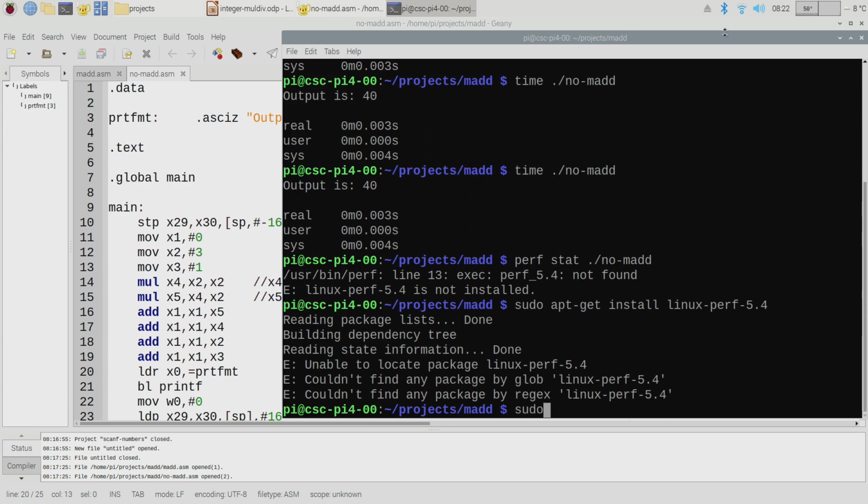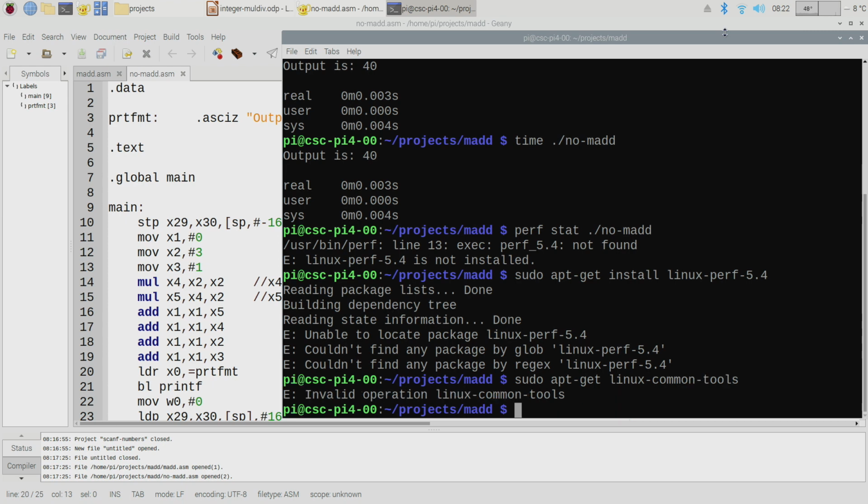Let's see, sudo apt-get Linux... is it tools? I forget what it is. Oh, duh. All right, well, forget that for now.